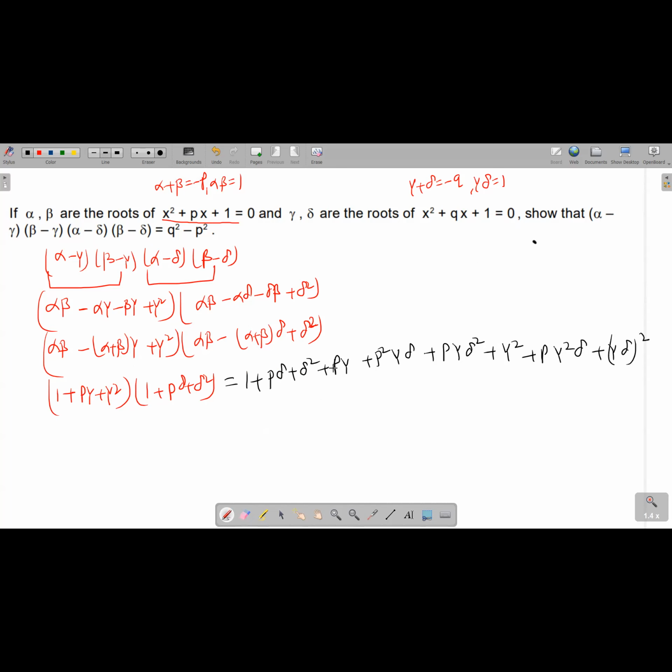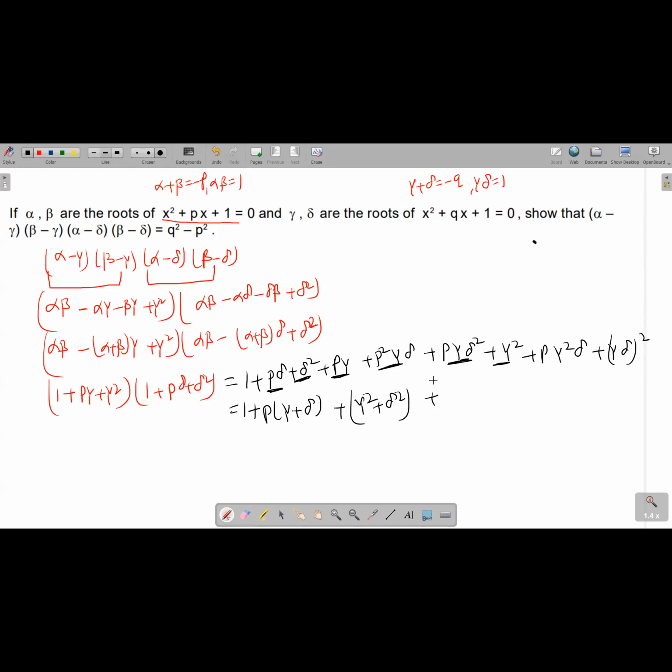Acha, here I made the mistake. It was my mistake, I think. So 1 plus, you can take this together. P you can take out, gamma plus delta, and then you can see gamma square plus delta square.